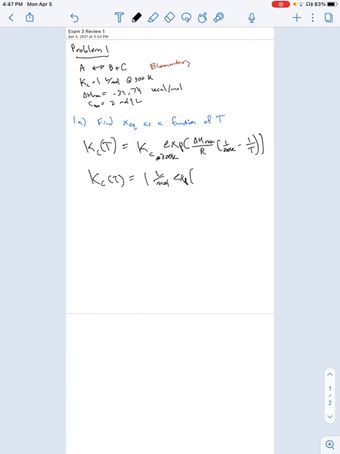So say negative 39,740 divided by 1.987 calories per mole Kelvin, times 1 over 300 Kelvin minus 1 over the temperature.